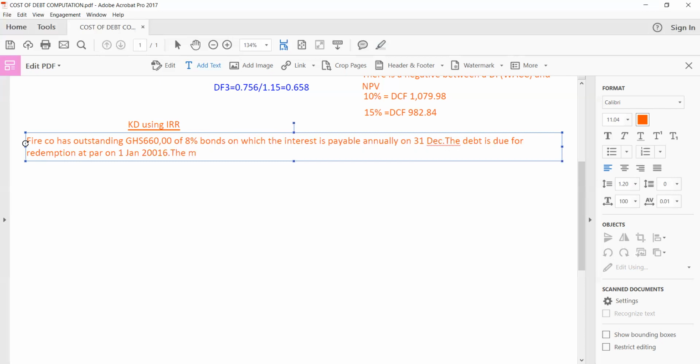The market price of the bonds at 28th December 2012 was Ghana cedi 95.